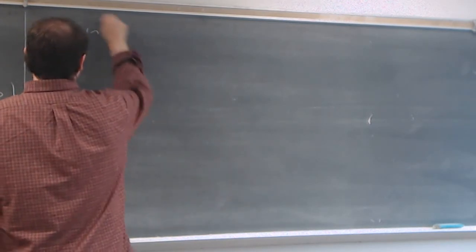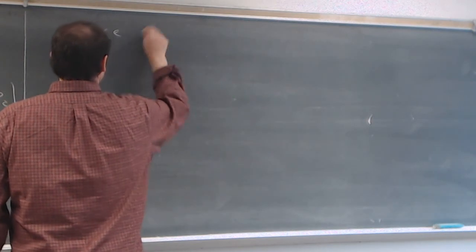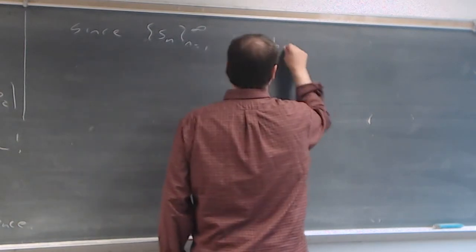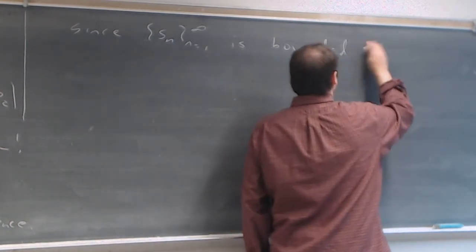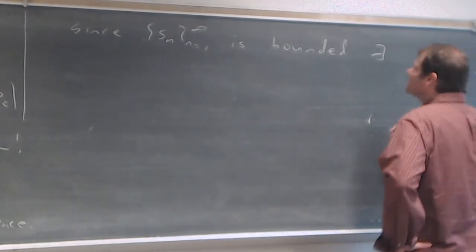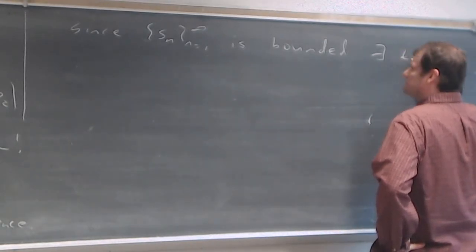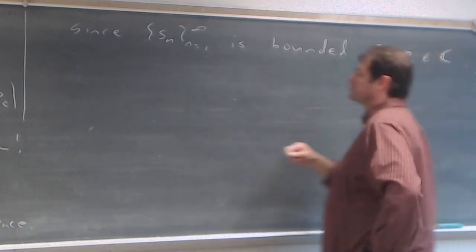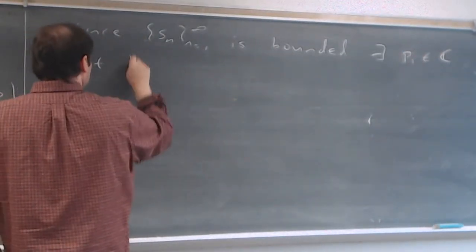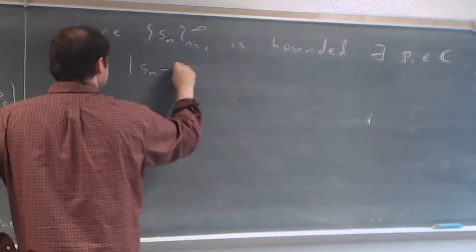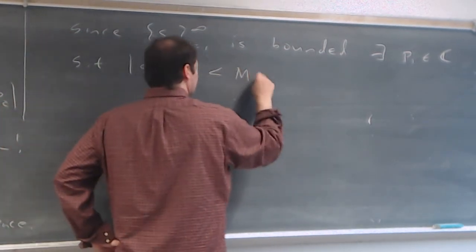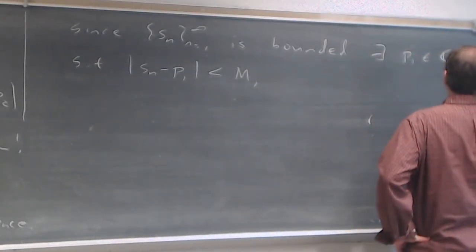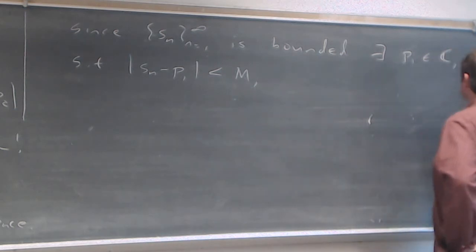Since S sub n is bounded, there exists, let's say, a P sub 1 element of the complex numbers such that the absolute value of S sub n minus P sub 1 is less than M sub 1, for a particular M sub 1 greater than 0.